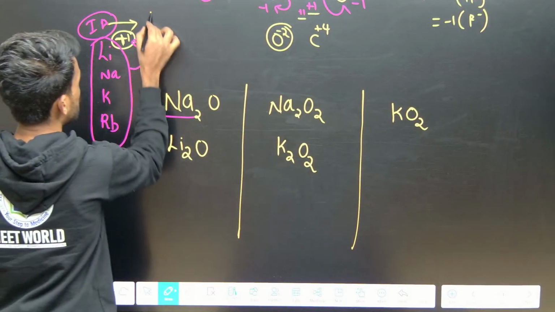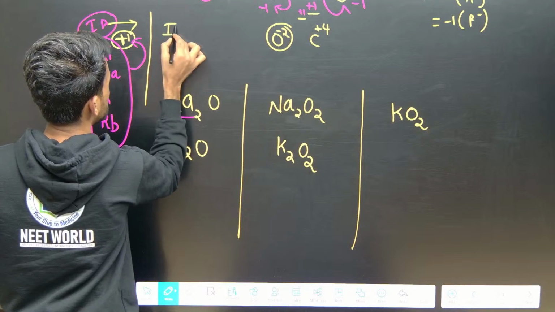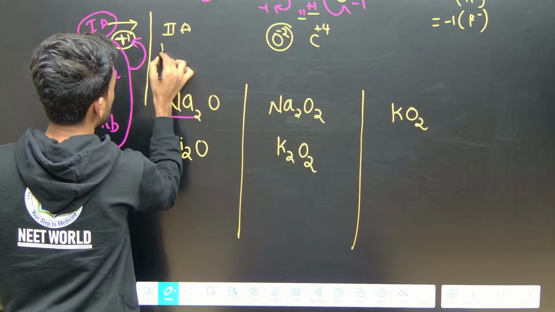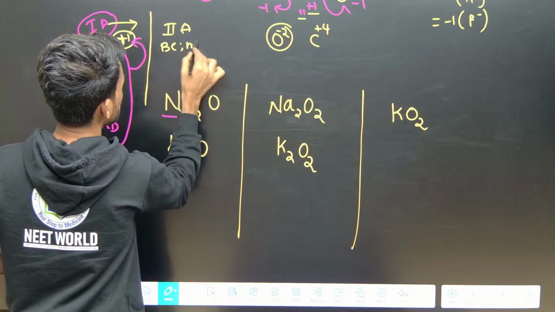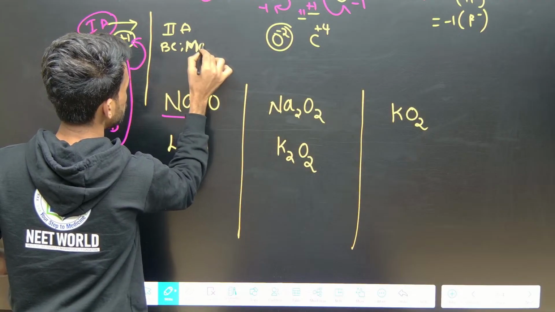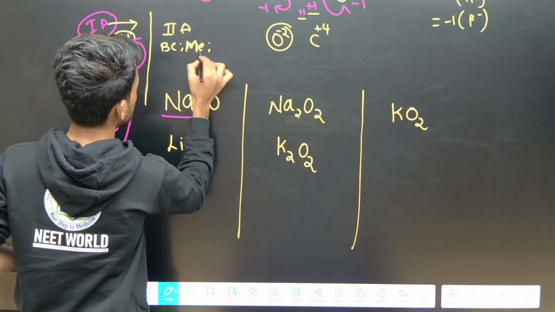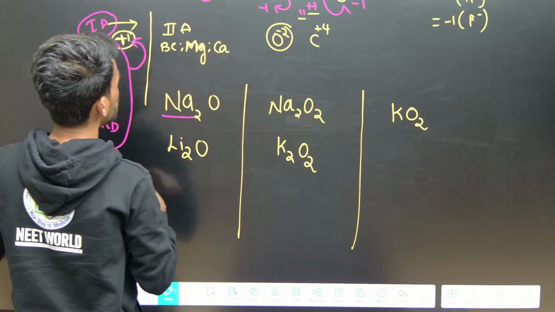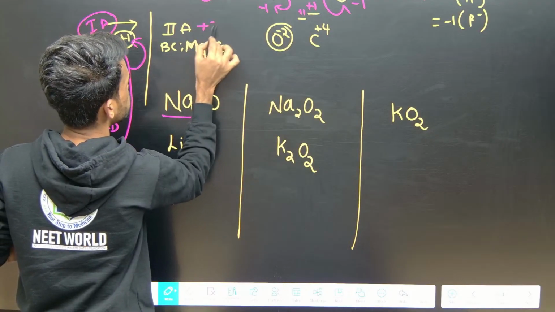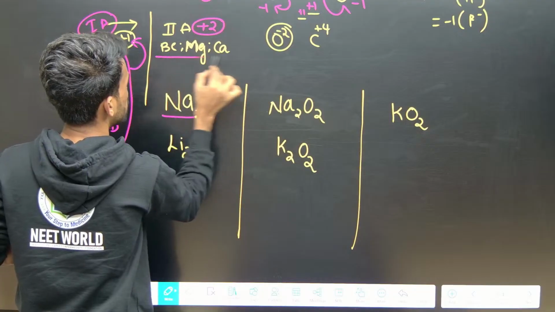Similar to these, second A group elements are there. Now what are second A group elements? Like beryllium, magnesium and calcium. These are with the plus 2 oxidation state. What is the oxidation state?